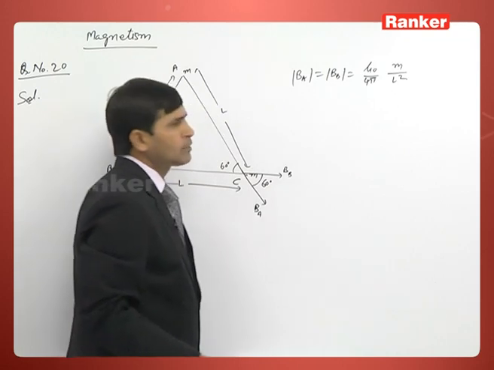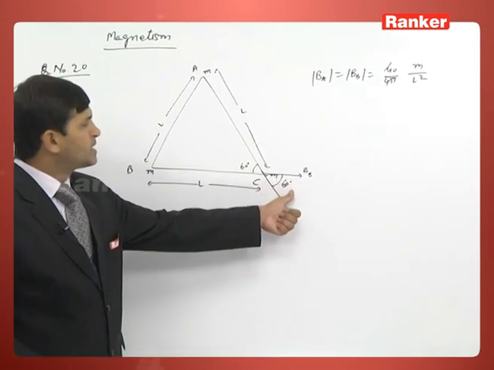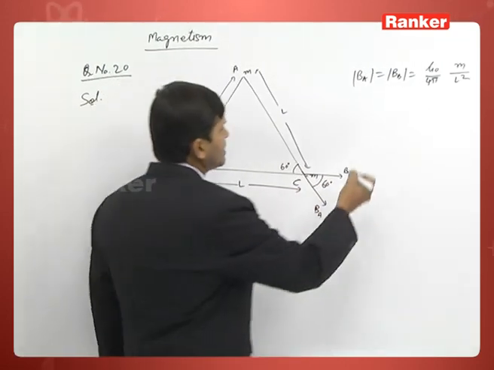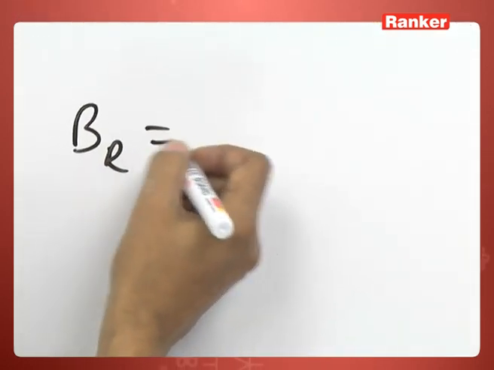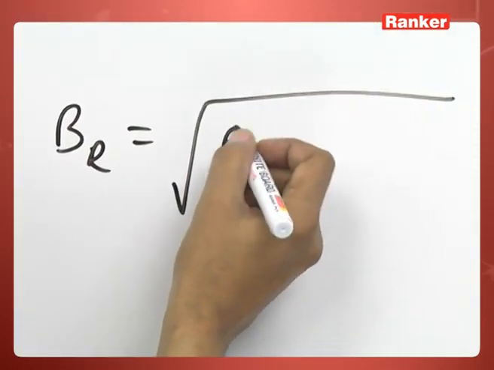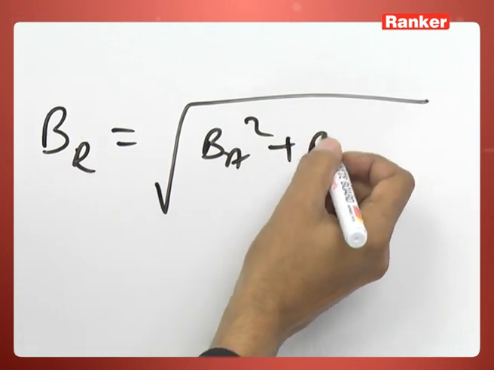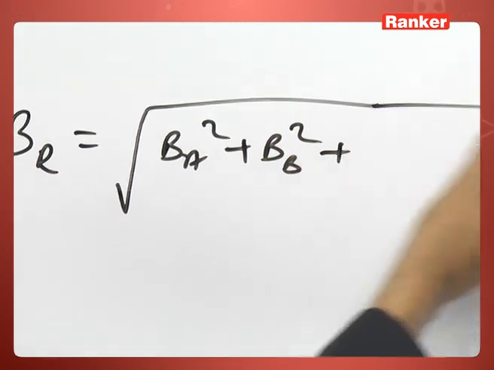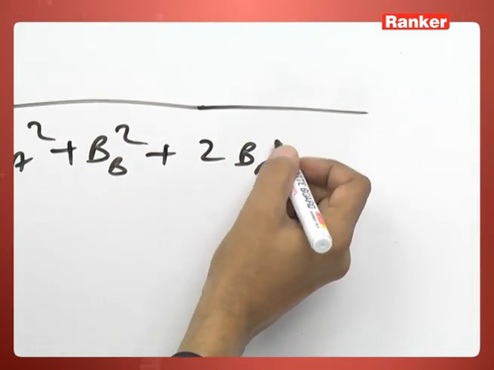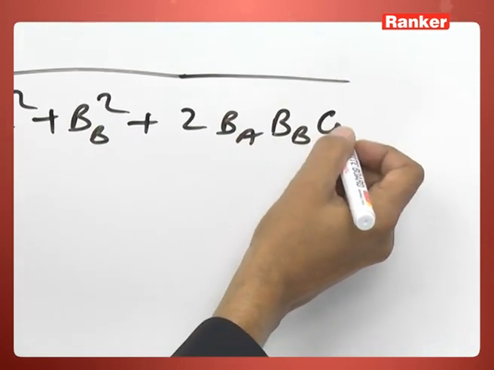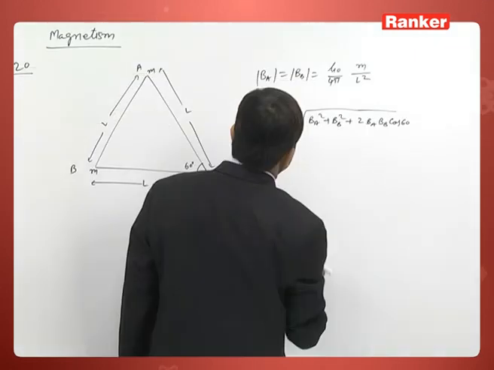This is the magnitude of the field. Now the angle between them is 60 degrees. So the resultant B is the square root of BA square plus BB square plus 2 BA BB cos 60.